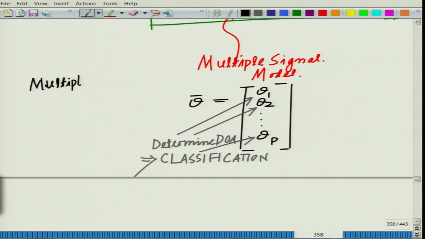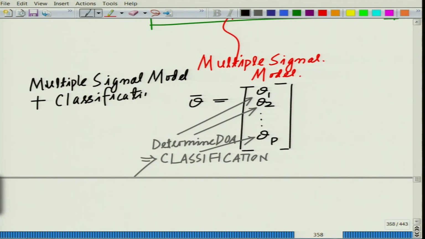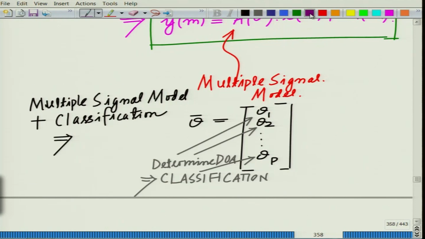So, essentially you have the multiple signal model given above, plus the classification aspect, and this gives rise to the algorithm that we are going to talk about, which is MUSIC, that is multiple signal classification.